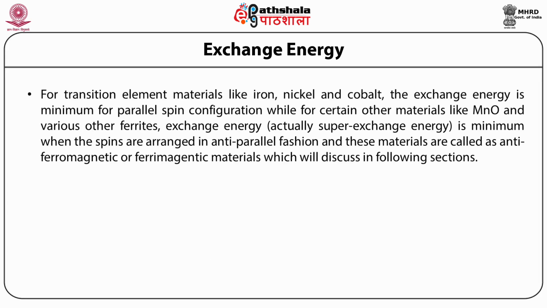For transition element materials like iron, nickel, and cobalt, the exchange energy is minimum for parallel spin configuration, while for certain other materials like manganese oxide and various other ferrites, exchange energy is minimum when the spins are arranged in anti-parallel fashion, and these materials are called antiferromagnetic or ferrimagnetic materials.